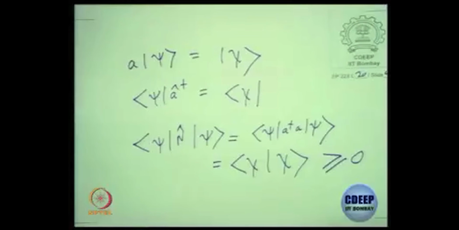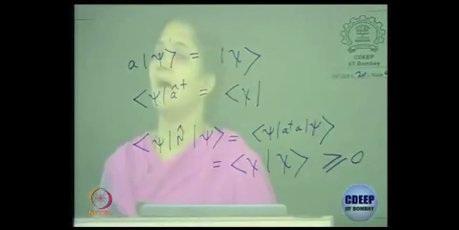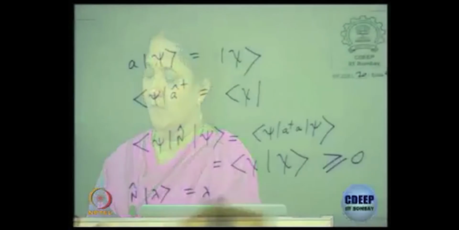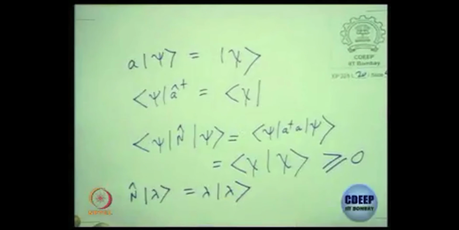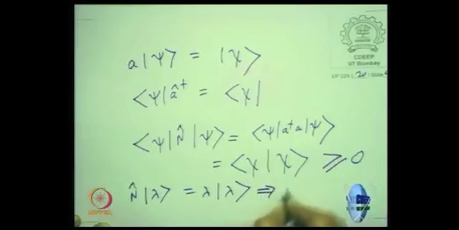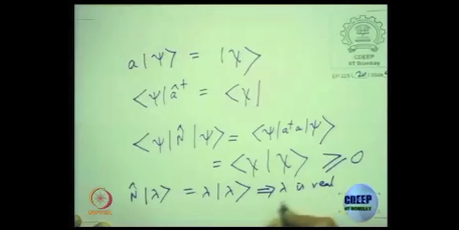Suppose psi was an eigenstate of the number operator. Number operator is Hermitian. Eigenvalues have to be real. On top of it, it has to be positive. Positive or at most 0, not negative. So if I find an eigenstate lambda of the number operator, n on lambda is lambda on lambda, then this implies lambda is real and greater than or equal to 0.